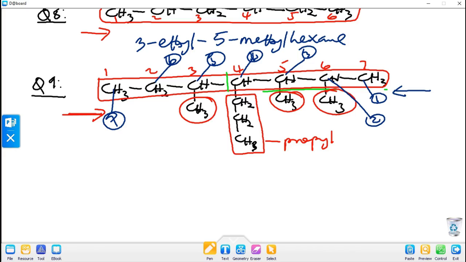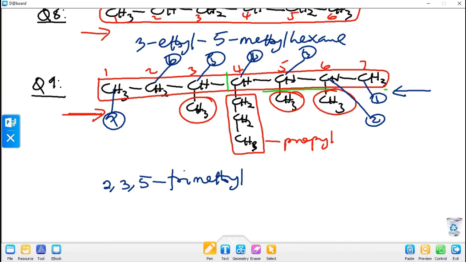So the name of this compound will be 2... Don't forget, M comes before P, propyl. So our methyl comes first. This automatically will be 2, 3, 5, trimethyl. Methyl comes first.